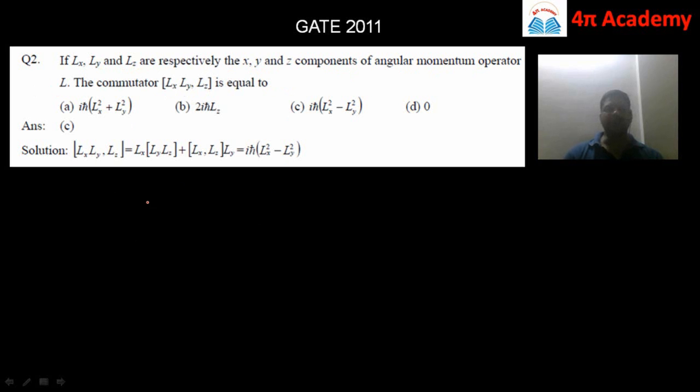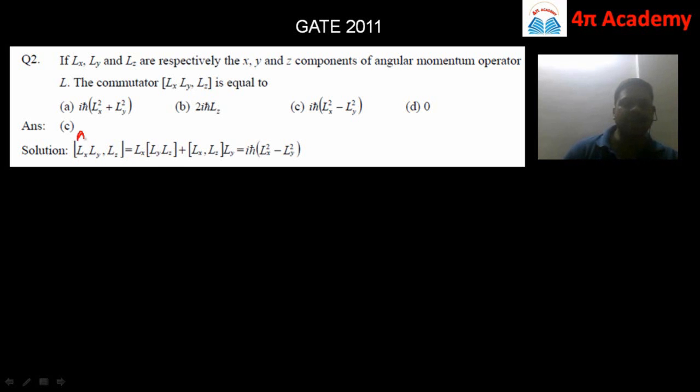Now this is a very simple problem. So if you solve this commutator bracket of Lx, Ly, Lz, then this is the practice of writing it. We first take Lx, then the commutator bracket.